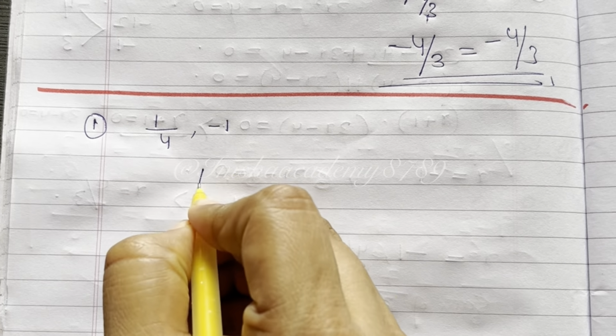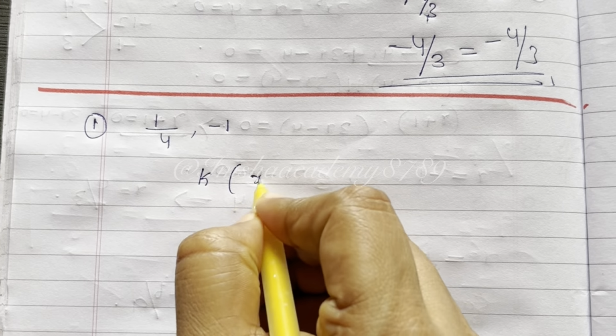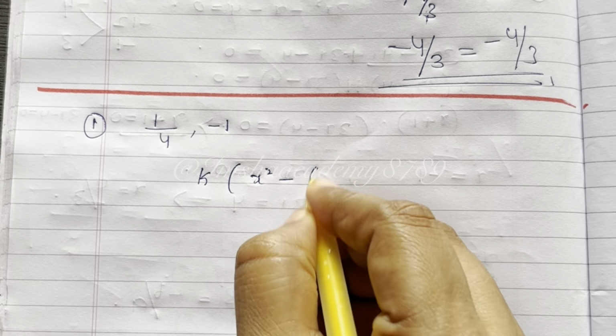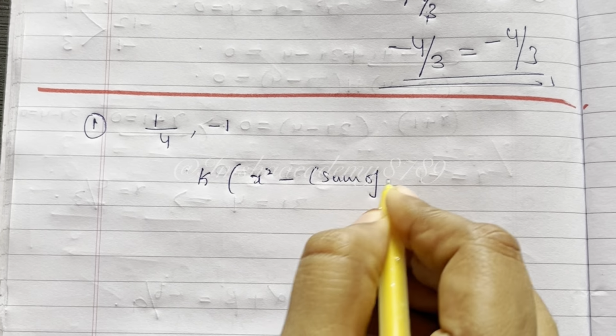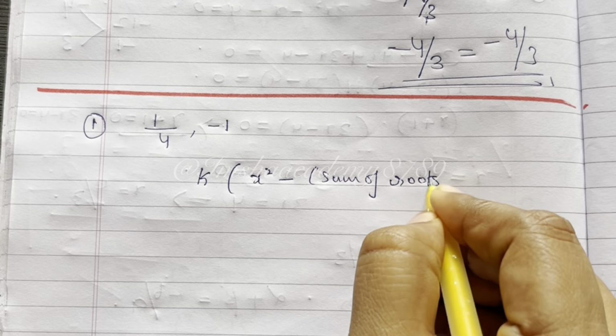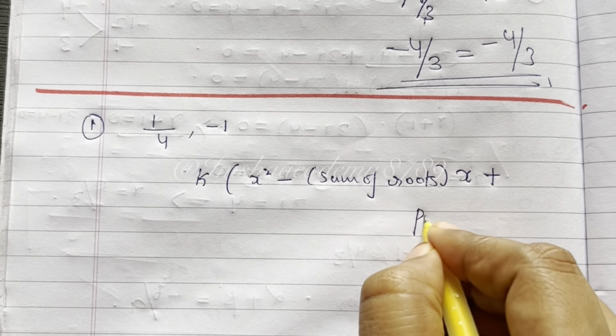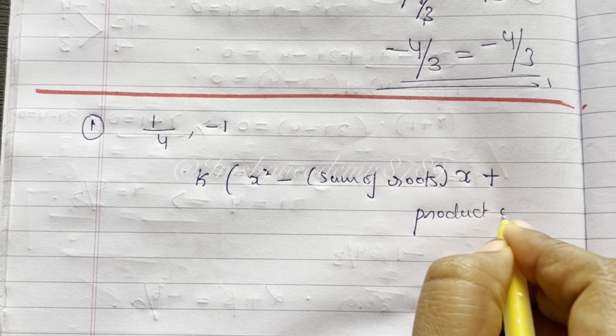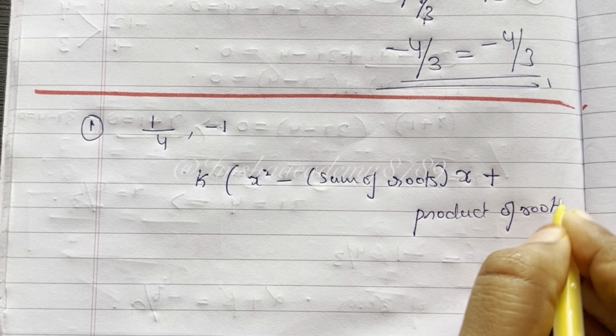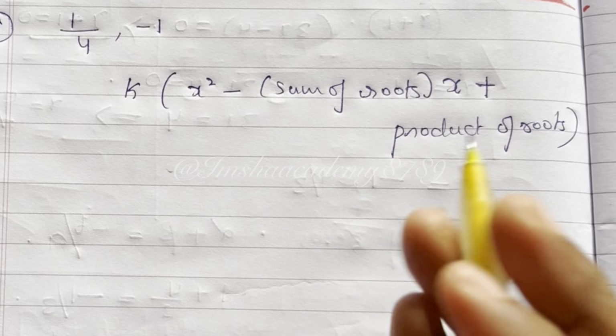How will we find that? We know that the polynomial is k into x square minus sum of roots into x plus product of roots. Okay, this is the formula you should remember.